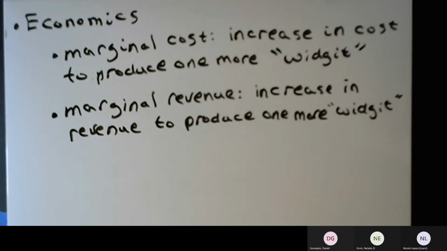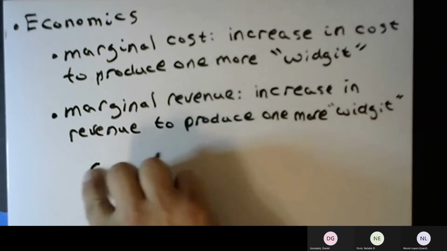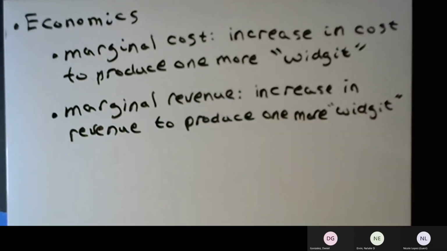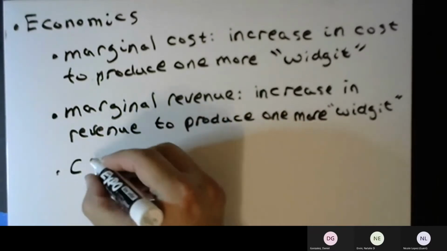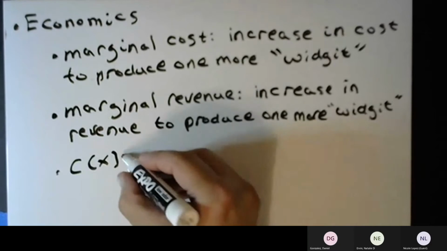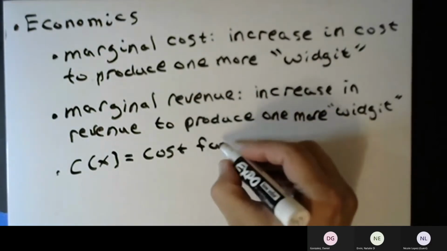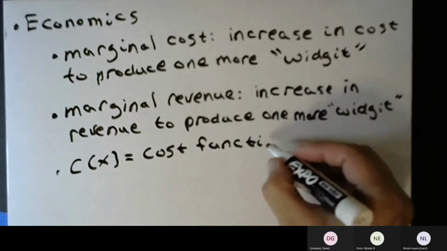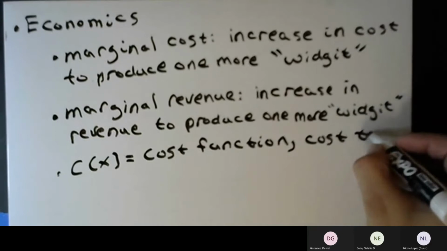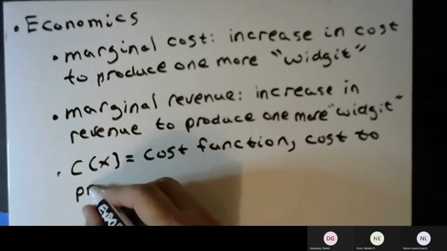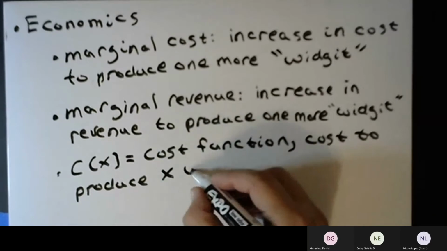So we typically, in text, we're going to represent what's called the cost function to talk about these things. And the cost function is going to be the cost to produce X widgets.